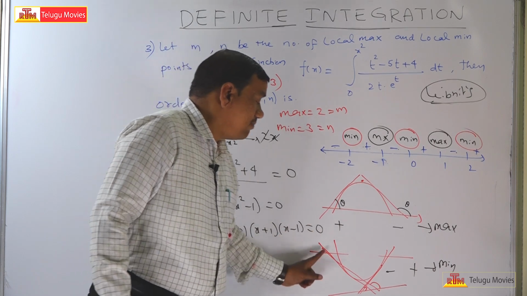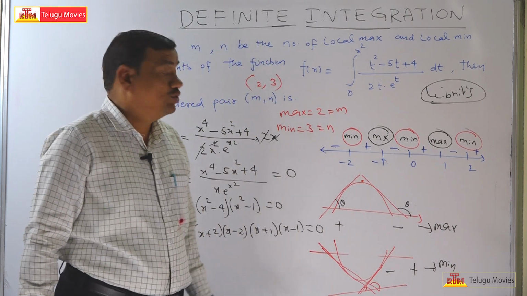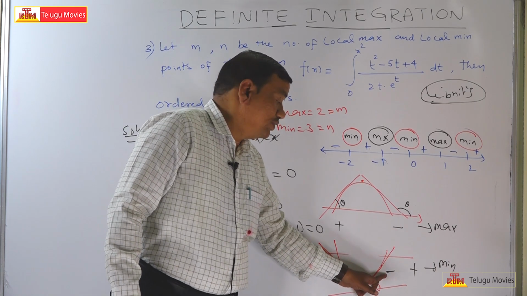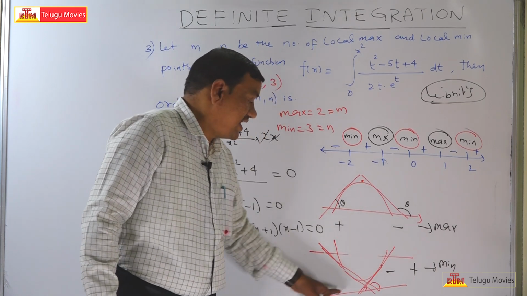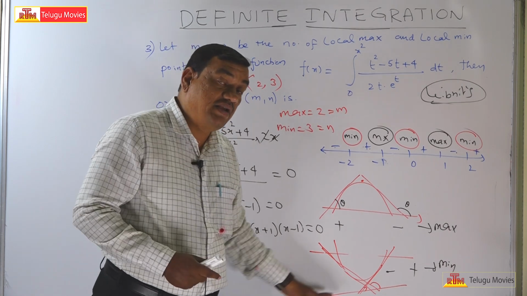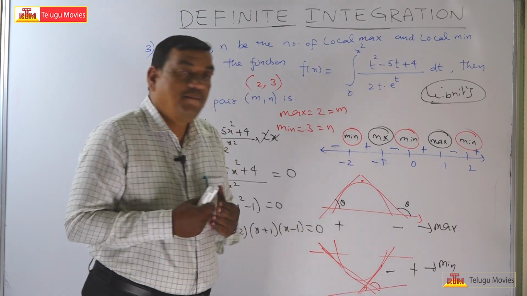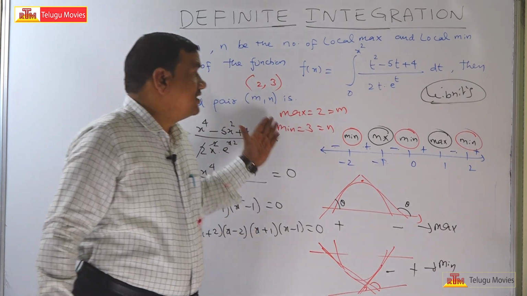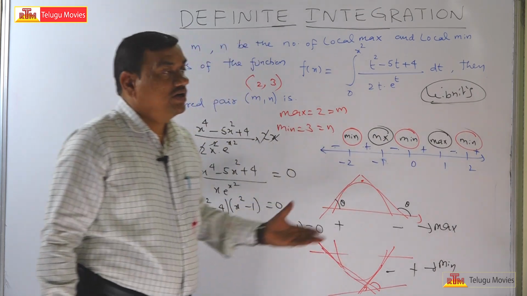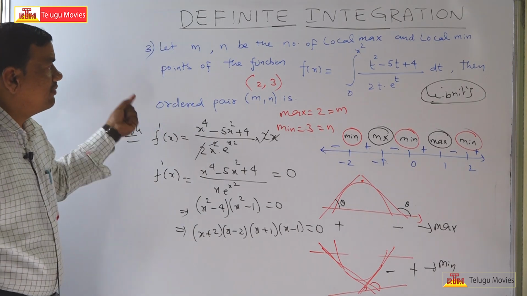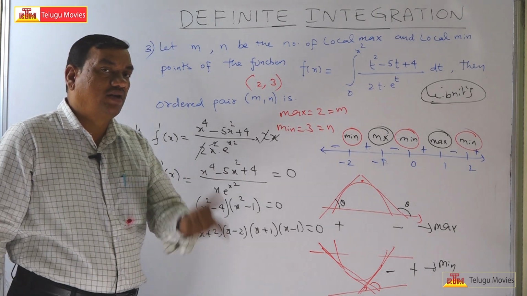For minima, minus to plus. Here this tangent is making an obtuse angle, that is minus, and the right side tangent is making an acute angle with x-axis, that is plus. We take the sign scheme and count the number of times we get maximum and the number of times we get minimum.